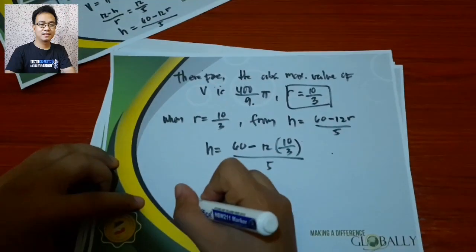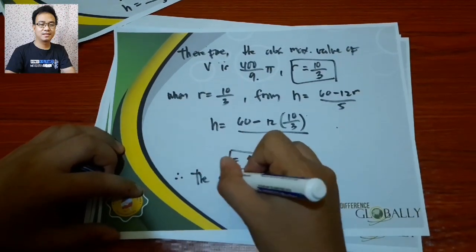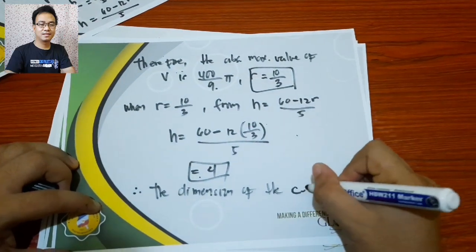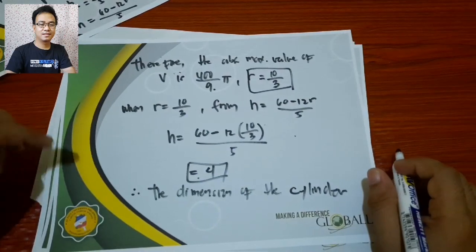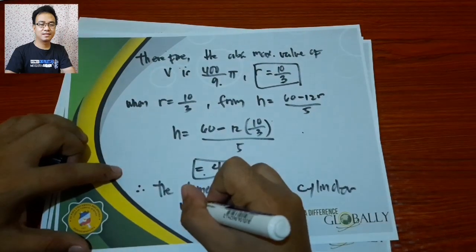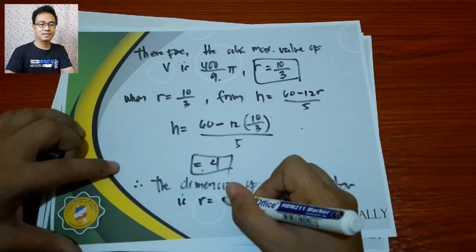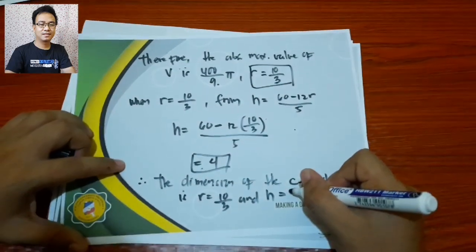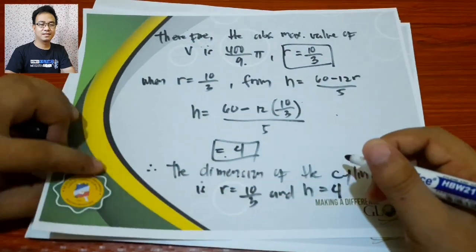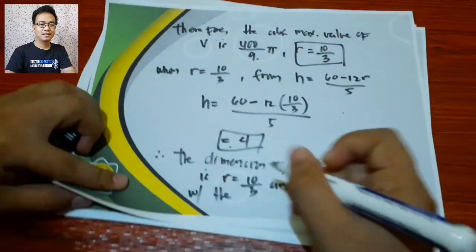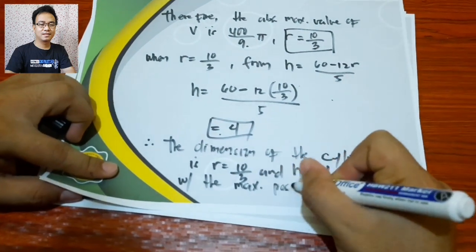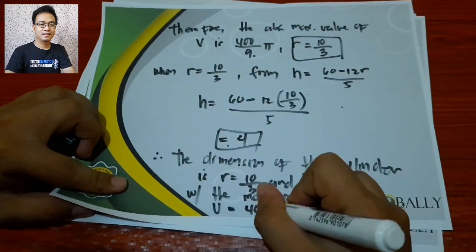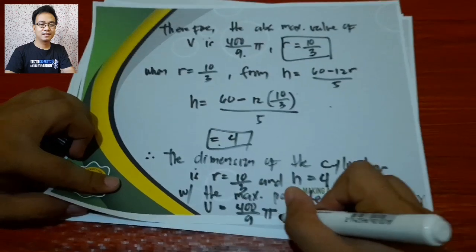So we have now, therefore, the dimensions of the cylinder: R equals 10 over 3 and H equals 4, with the maximum possible volume of 400 over 9 pi. Okay?